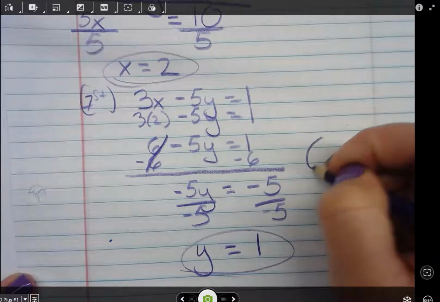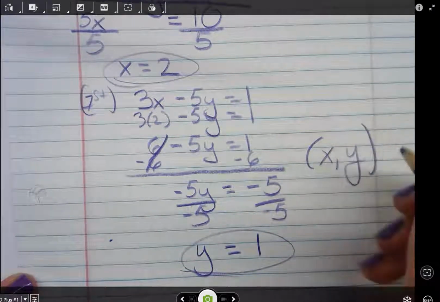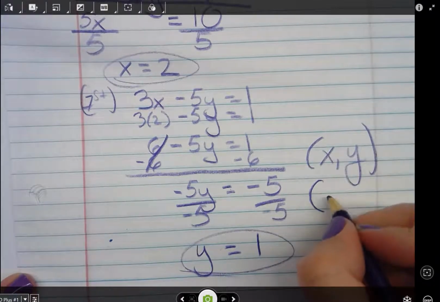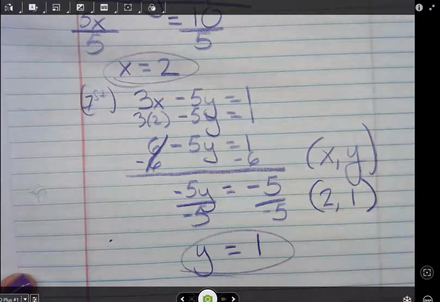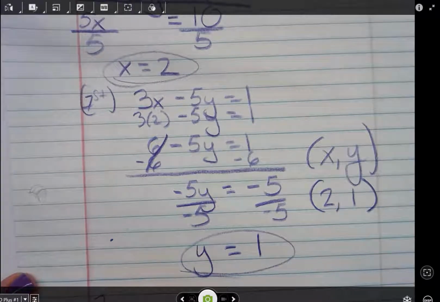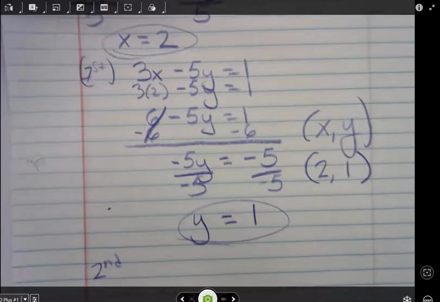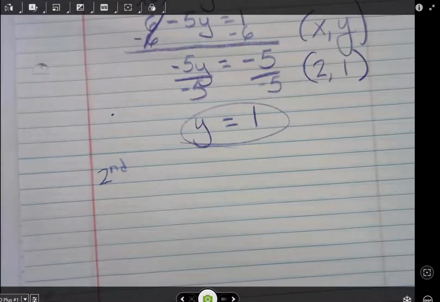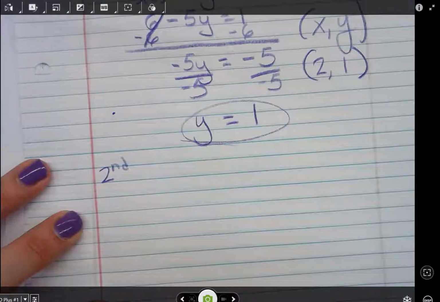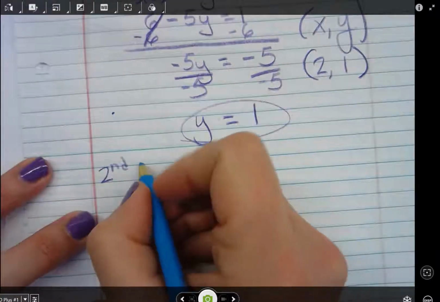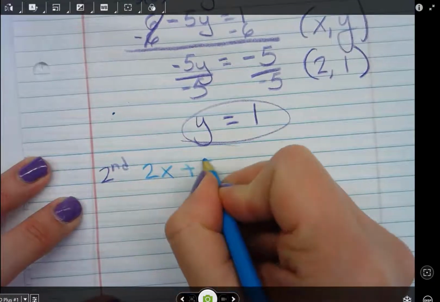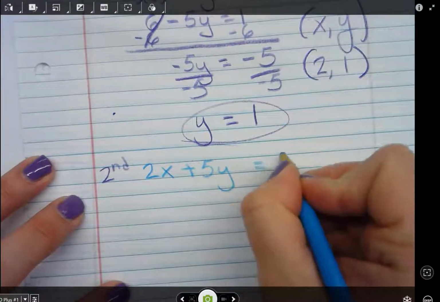I can write that as an ordered pair. We always write ordered pairs in alphabetical order inside parentheses. So I have the solution 2, 1. Our final step is going to be to check that solution in the second equation. So my second equation is 2x plus 5y equals 9.